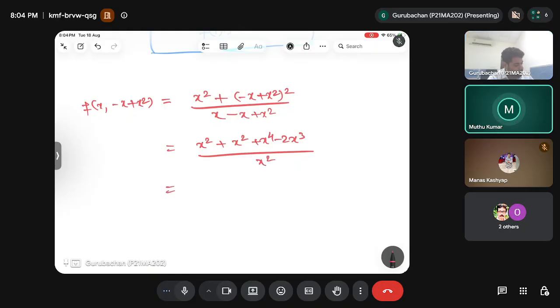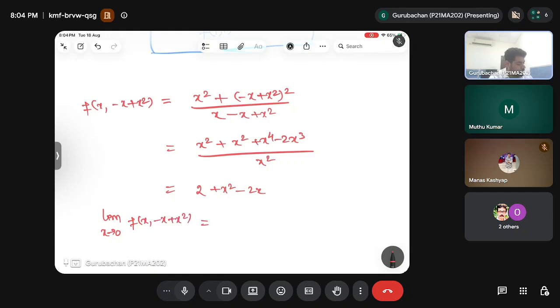So divide each term by x squared: 2 plus x square minus 2x, right? Now if you allow x tends to 0, what is the answer you are getting? Limit x tends to 0 of f at y equal to minus x plus x square is 2. The previous limit was 0.